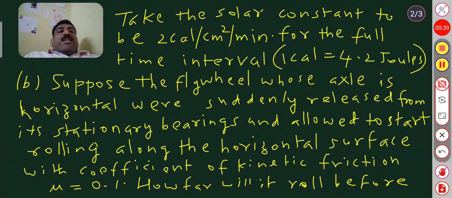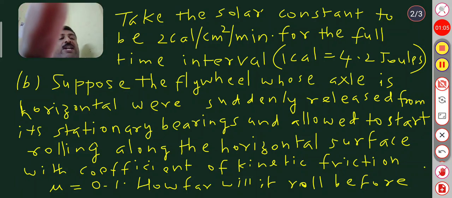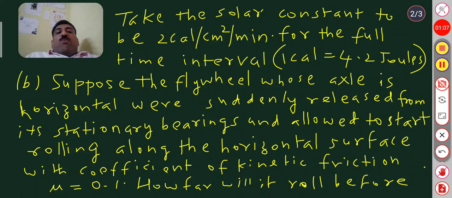Take the solar constant to be 2 calories per centimeter square per minute for the full time interval, and 1 calorie is given as 4.2 joules. Suppose the flywheel whose axle is horizontal were suddenly released from its stationary bearings and allowed to start rolling along the horizontal surface with a coefficient of kinetic friction mu equal to 0.1.